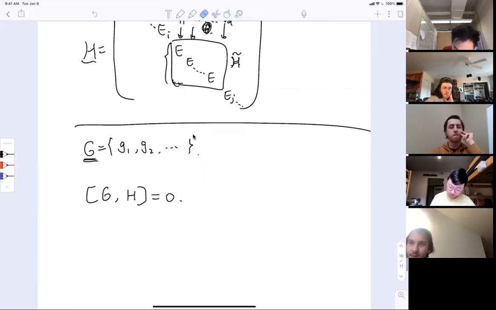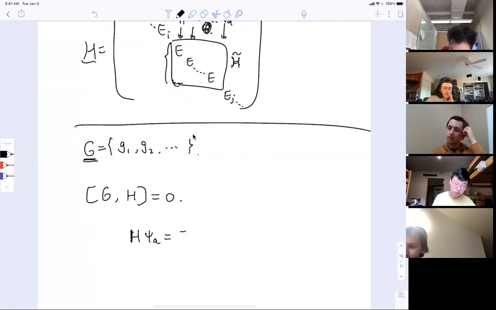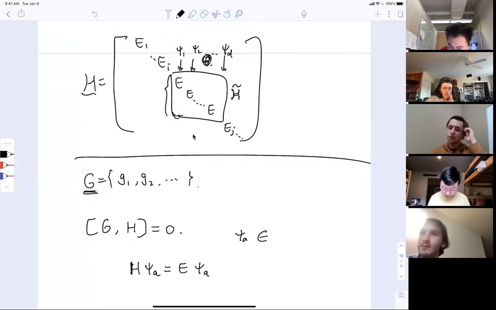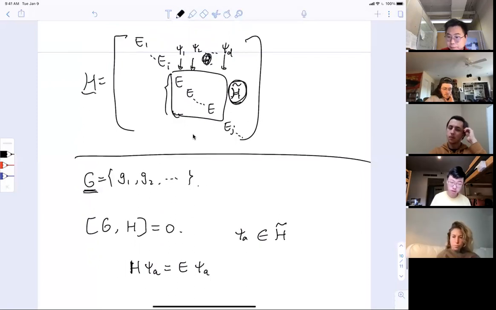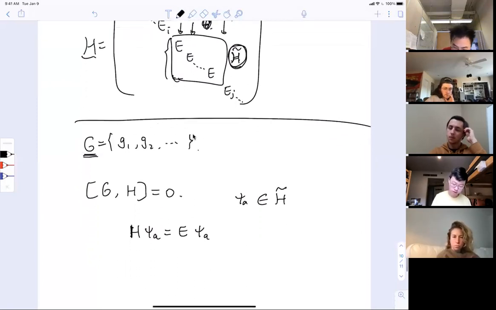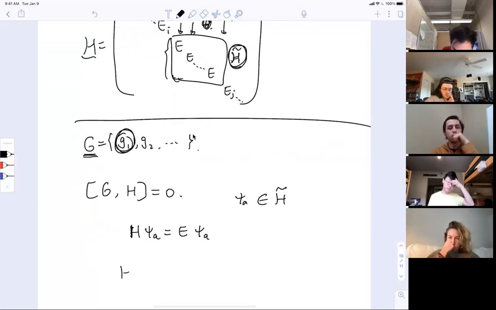Another thing is, let's write down H acting on psi A equals E psi A, where psi A is a basis vector in this subspace. Then I act with a random group element on this equation.